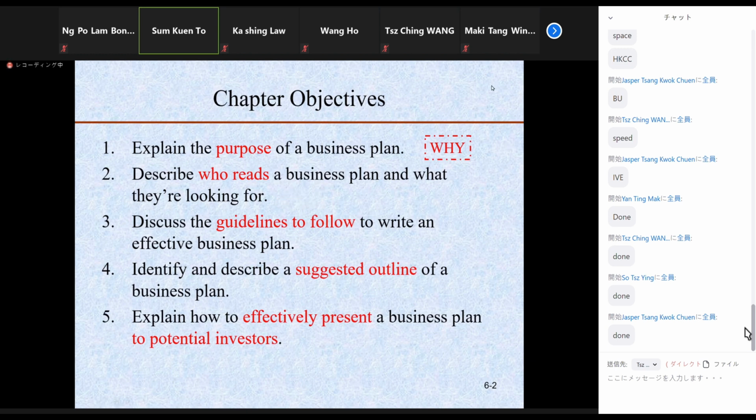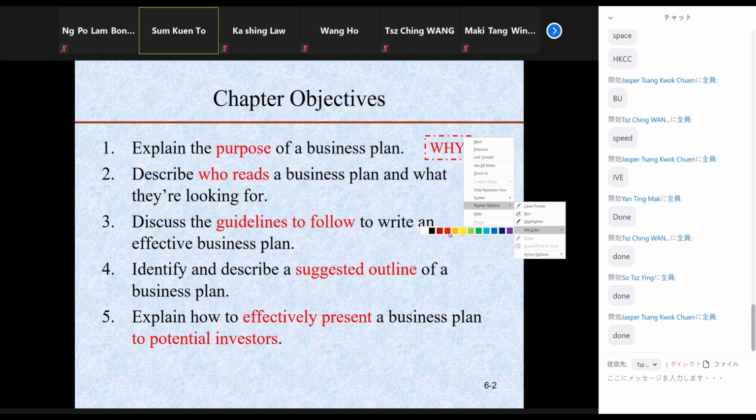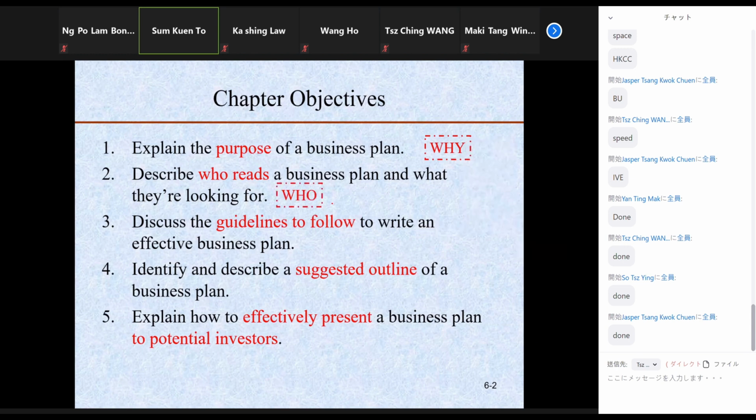Okay, the first one is why we need that, because it is good for internal and external staff. Internal, external staff is who. And also we have a guideline. The guideline is 跟傳統夠精準不浮誇要準確. Okay, so this is the introduction about what, how, blah, blah, blah.